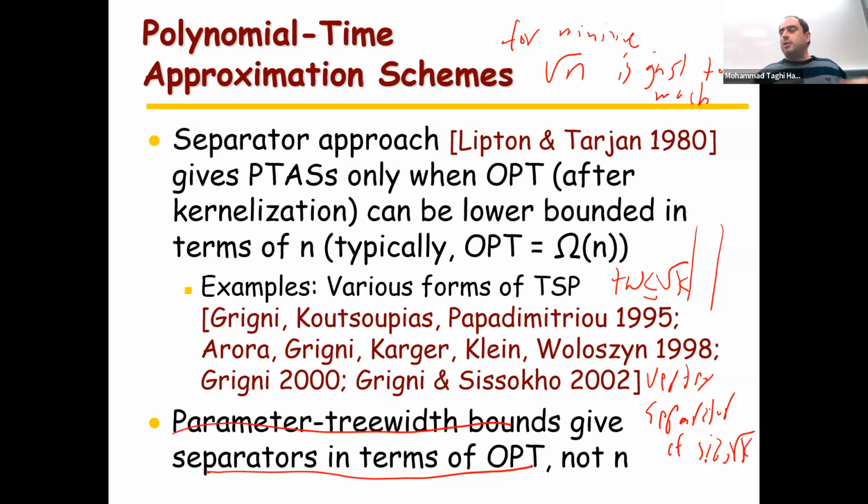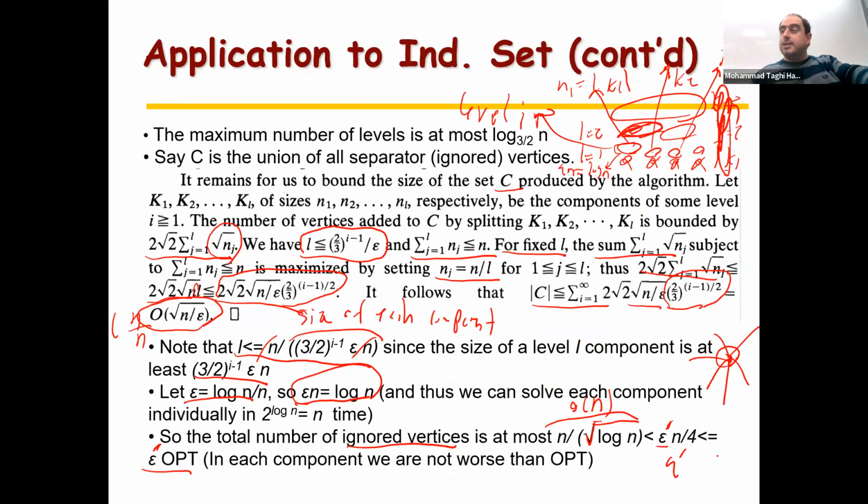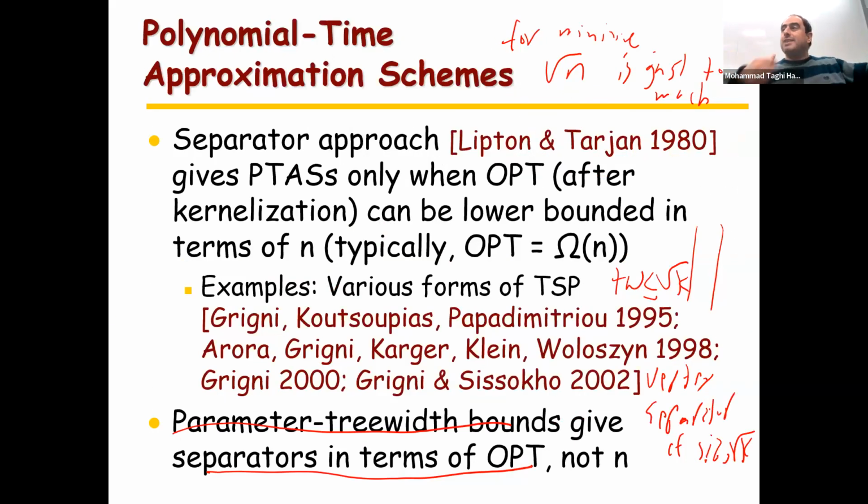So that is very helpful now. Why? Because all these equations that I have written here, everything was in terms of n. But now I have a Treewidth whose size is at most square root of k. And k is the size of the solution.